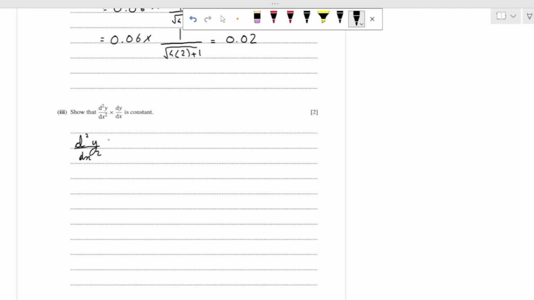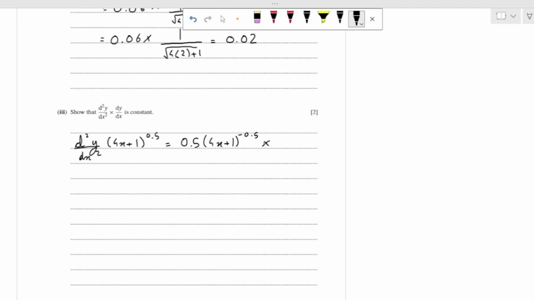The first derivative was (4x plus 1) raised to the power 0.5. Let us write it over here: (4x plus 1) to the power 0.5. We're going to find the second derivative of this. That would be bringing down 0.5, (4x plus 1) to the power minus 0.5, and we also have to differentiate the inner term as well because this has a bracket.